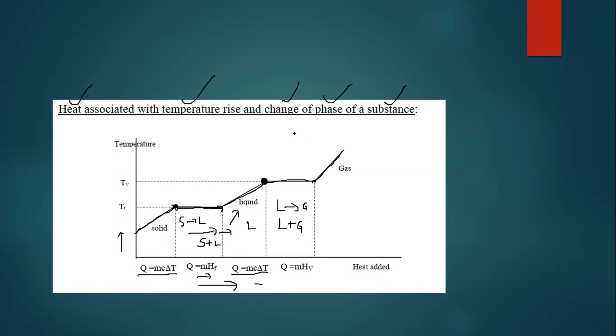So if you find water boiling, you put a thermometer in the boiling water. You leave it for two to three hours, and you'll find the temperature is constant. Sometimes you find it at 98, 99, or 100.